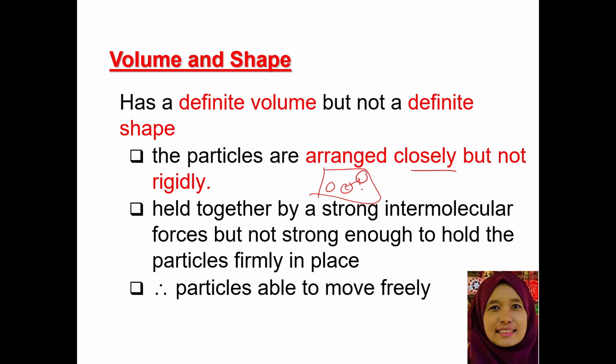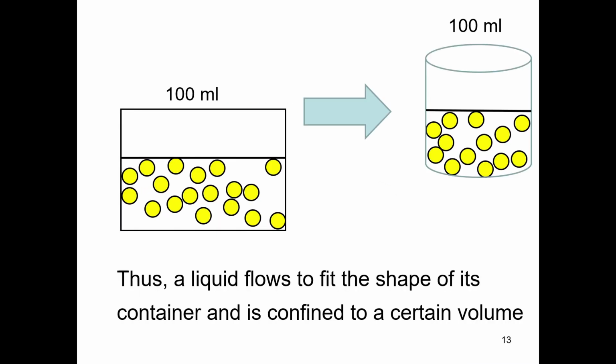Okay, that's why dia still lagi boleh move. But dia ada volume, so has definite volume. Okay, tapi disebabkan dia still lagi boleh move, so dia akan follow the shape of the container. Okay, for example, here 100 ml in 2 different containers.